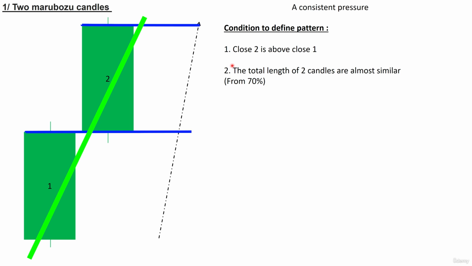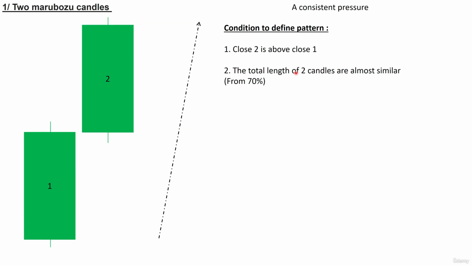The second condition is that the total length of the second candle is almost similar to the first candle. It means that the difference between the total lengths of the two candles is not much. For example, say the first candle's total length is 100 pips. Pips is a unit of value on forex markets.